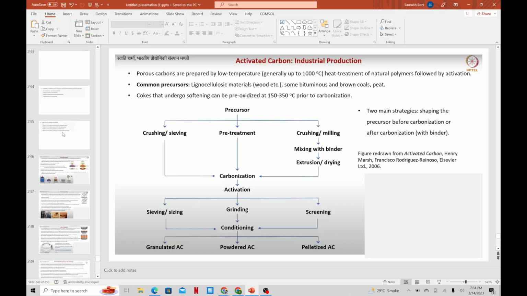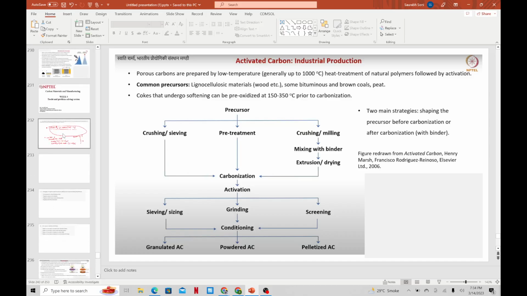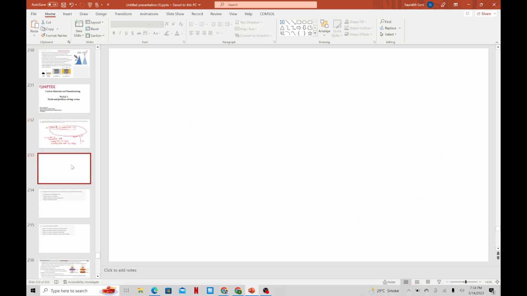Okay. So firstly, how will we do this? The method of doing this is like this. Firstly, we have to know the formula.